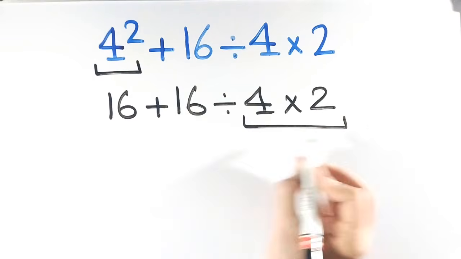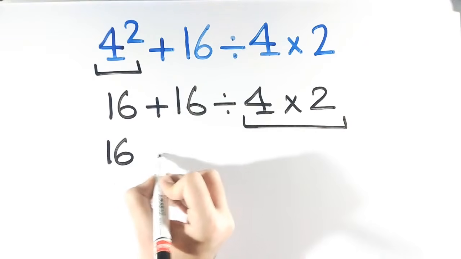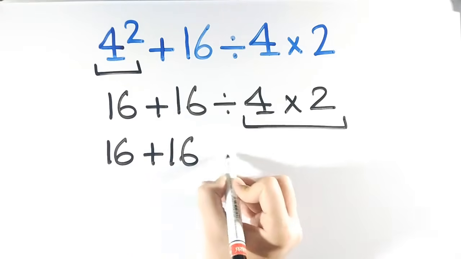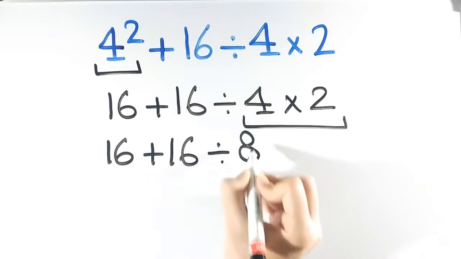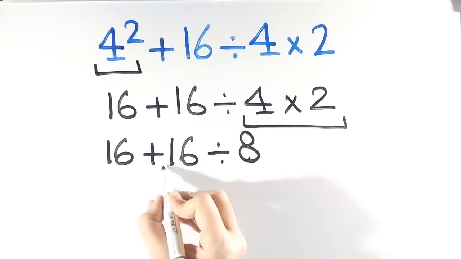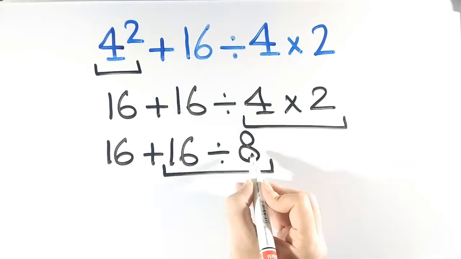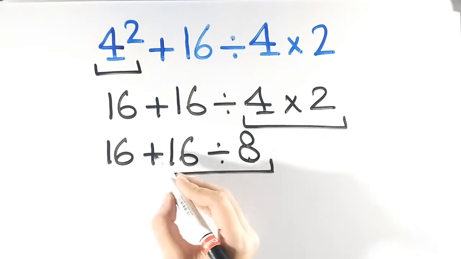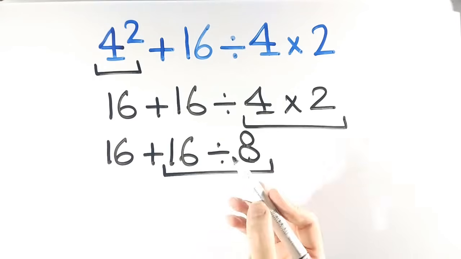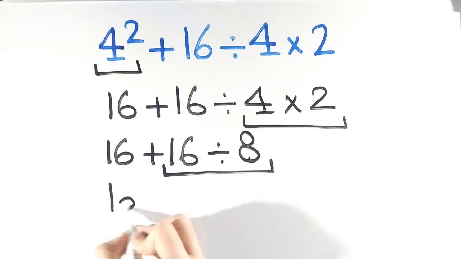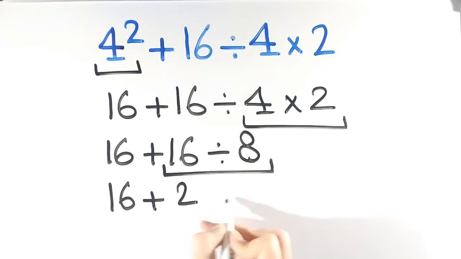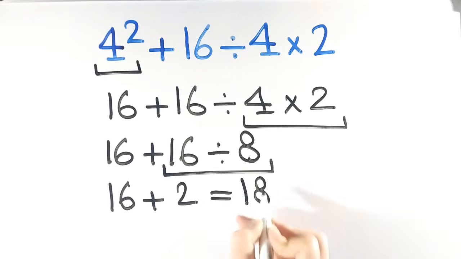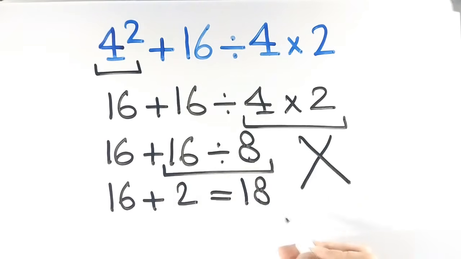So, instead of this expression, they write 16 plus 16 divided by 8. Then, they go for the division between 16 and 8 because they think division has a higher priority than addition. So, they rewrite this expression as 16 plus 2, which finally gives them the answer 18. However, this answer is actually incorrect.